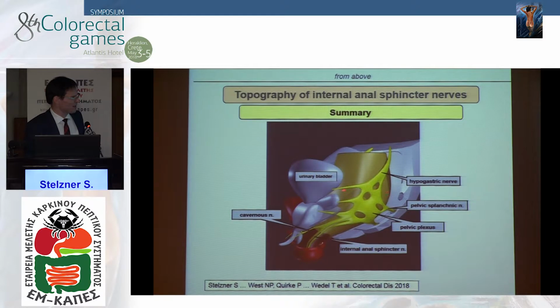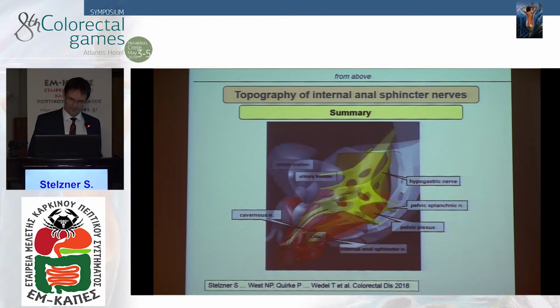You see the pelvic plexus here with its contributories and fanning out nerves to all these anterior pelvic organs, the neurovascular bundle with the cavernous nerve, and the internal anal sphincter nerve running towards the internal anal sphincter. And we are convinced, in a clinical sense, that damage of these kind of nerves has got something to do with low anterior resection syndrome.